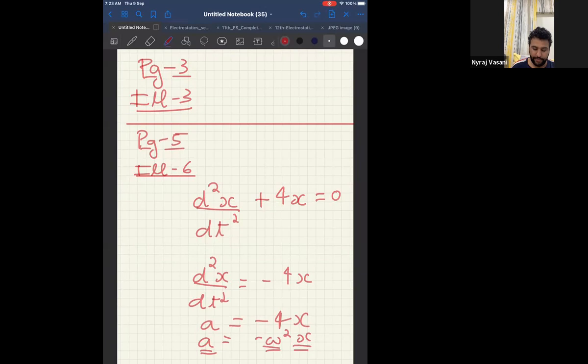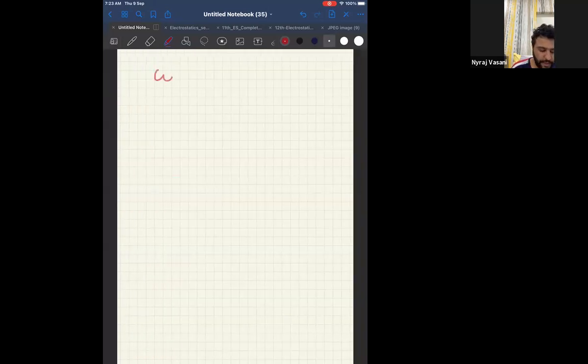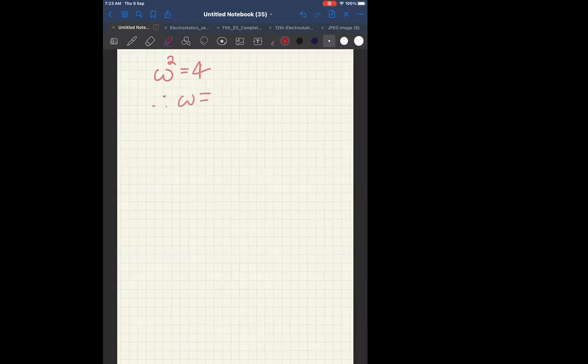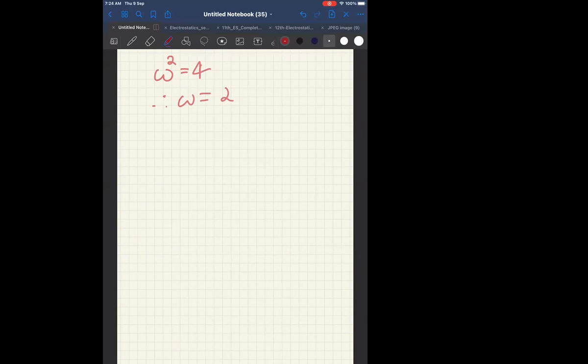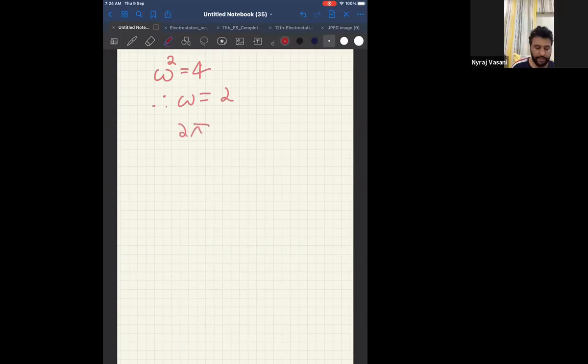Now, if I compare that with the general equation, can I say omega square equal to 4? Therefore, omega equal to 2. But what have they asked in the question? Time period. Therefore, I can say omega is 2 pi by T equal to 2, or T is equal to 2 pi by 2.